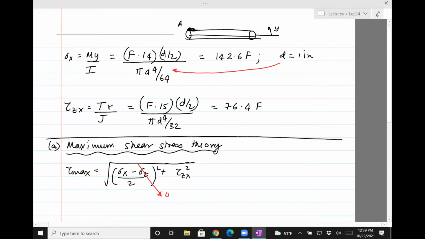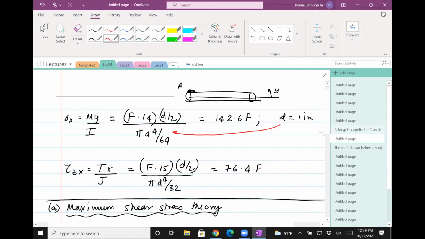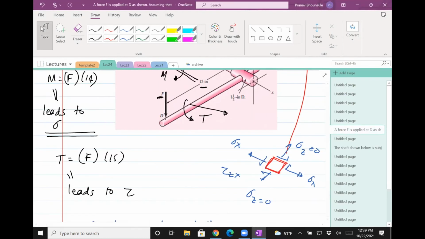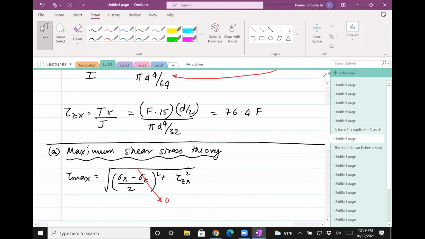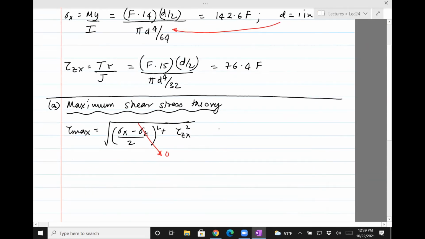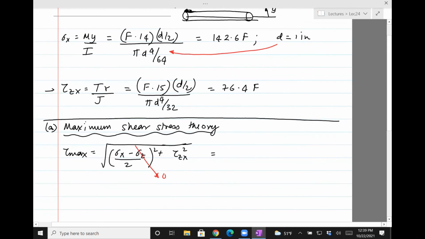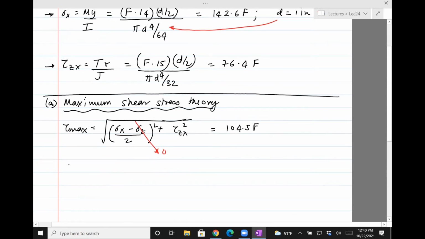Sigma z here is 0, so I put 0. Subbing in the values, which are in terms of F, with tau zx and sigma x, I get 104.5 F.